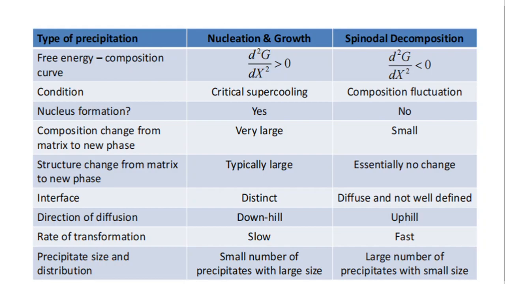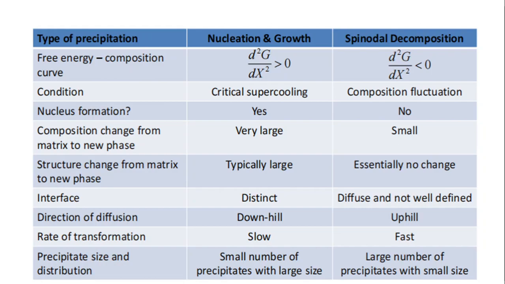Structure change from matrix to new phase is typically large in nucleation and growth, and in spinodal decomposition there is no change. The interface is distinct and sharp in nucleation and growth, and in spinodal decomposition the interface is diffuse but not well defined.